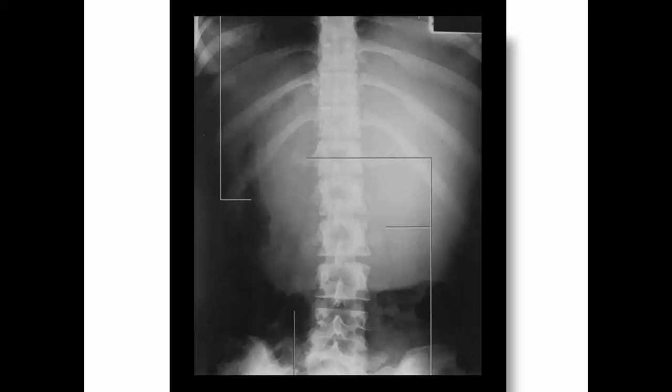Here is a soft tissue tumefaction coming from the left side and going this way, displacing the gastric rugae to the right.